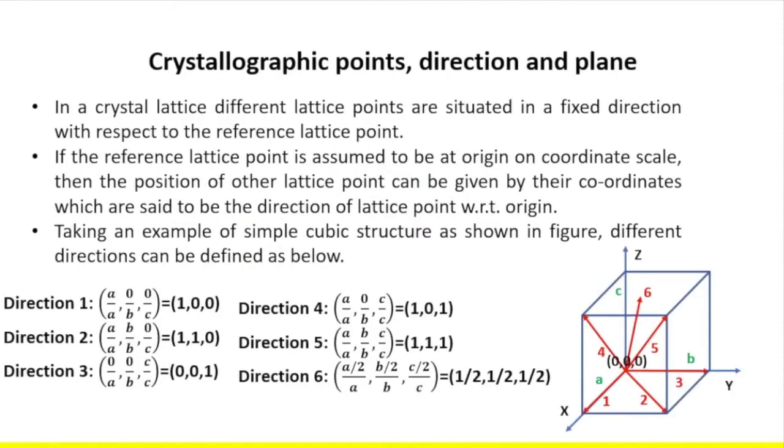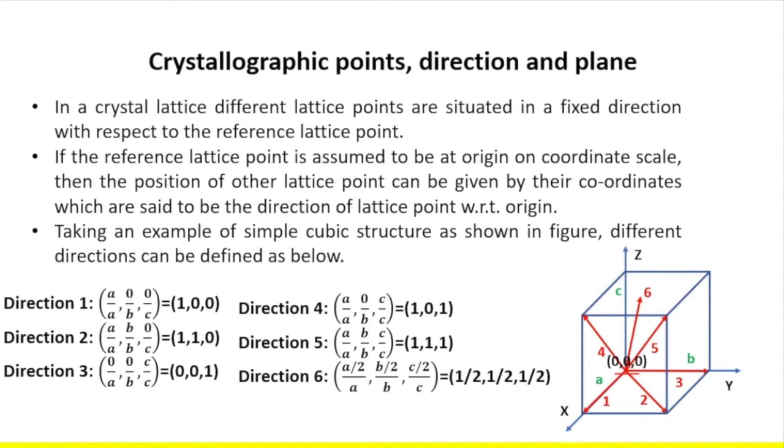Now coming to the crystallographic points, direction and plane. So in a crystal lattice, different lattice points are situated in a fixed direction with respect to some reference lattice point. So here in the figure, let's say this coordinate 0, 0, 0 is the reference lattice point, and there are other lattice points in the unit cell.